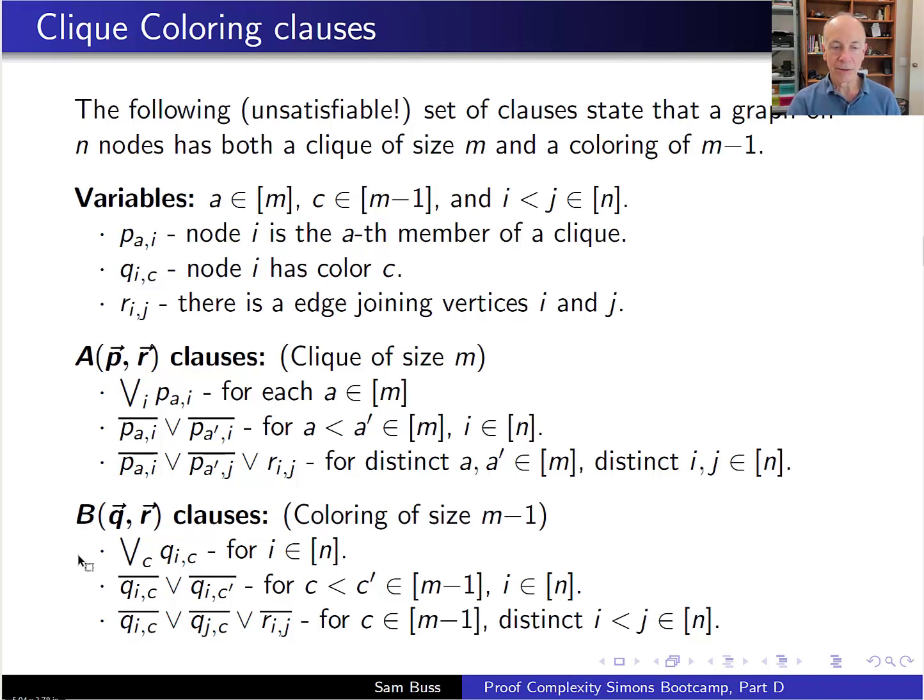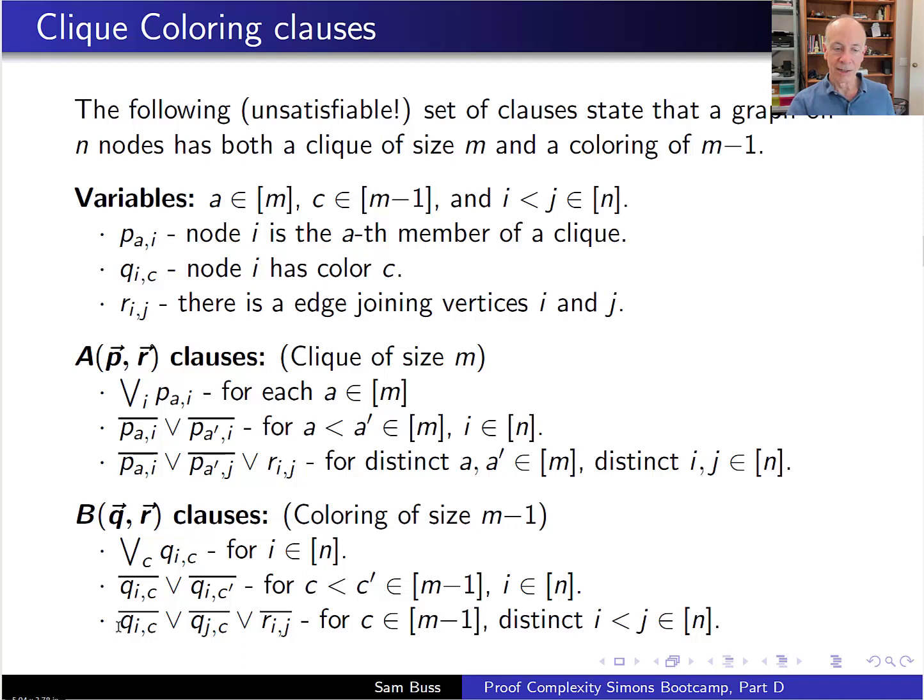The clauses BQR express the coloring, and the first one is or over C of QIC, which for a fixed I says that vertex I is assigned some color C. And the next set of clauses are not QIC or not QIC', which says that each vertex is assigned at most one color.